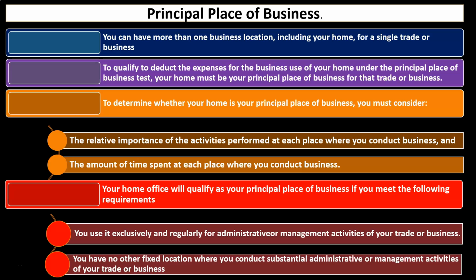So you might be in a situation where you do a lot of the work outside of the office. For example, you're traveling, you're doing sales or something like that. Your time might be in some other place more than the office, out doing whatever it is that you do. But if you're doing your principal management type of activities within the office, then you still may be able to qualify for the principal place of business as the home.